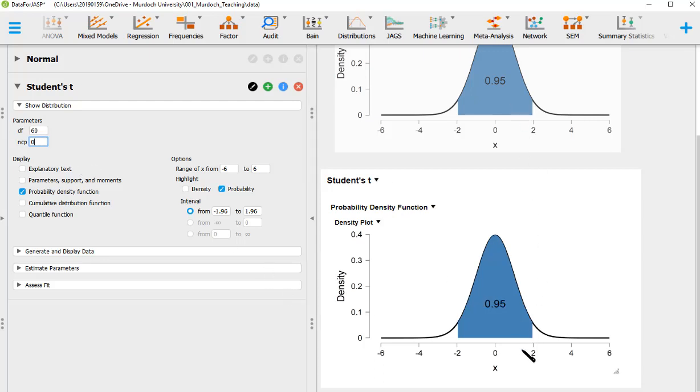And with a degrees of freedom of 50, we got 95%, same as the normal distribution. But you saw that with 30, it's quite similar. It's 94%, so it's not exactly the same, but quite similar. Degrees of freedom is not an easy concept, but sometimes when we do research it's related to the sample size.